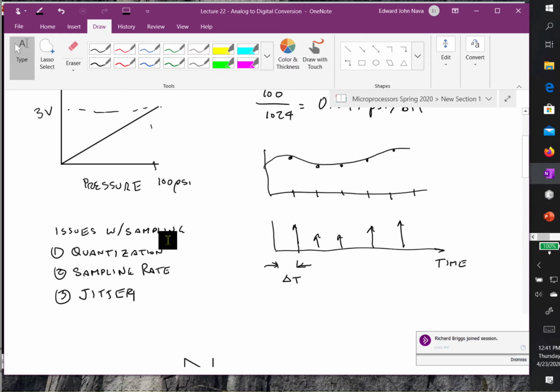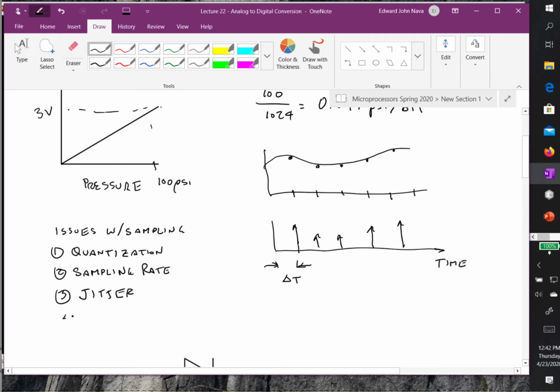So when we are converting signals from analog to digital, there are some issues that we need to be concerned about, specifically things like quantization and sampling rate, and the sampling rate gives rise to a problem called aliasing. That aliasing has to do with distorting frequency.